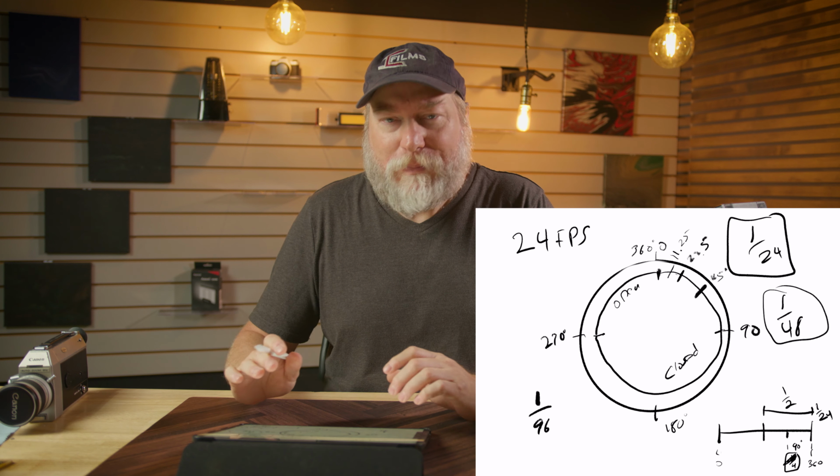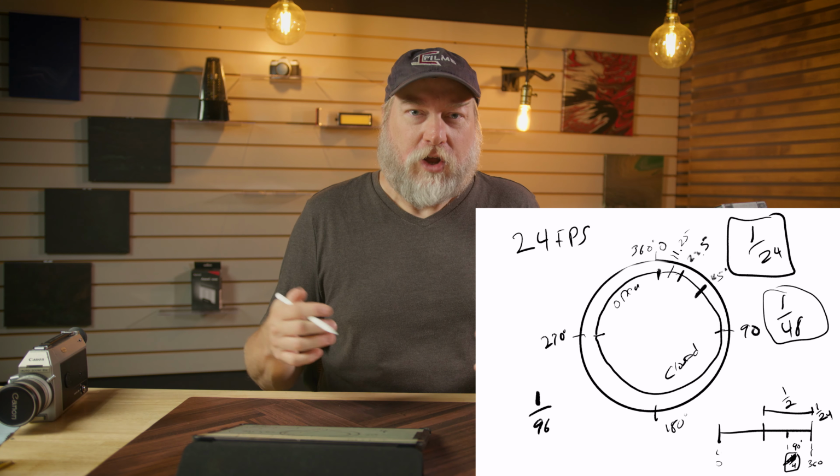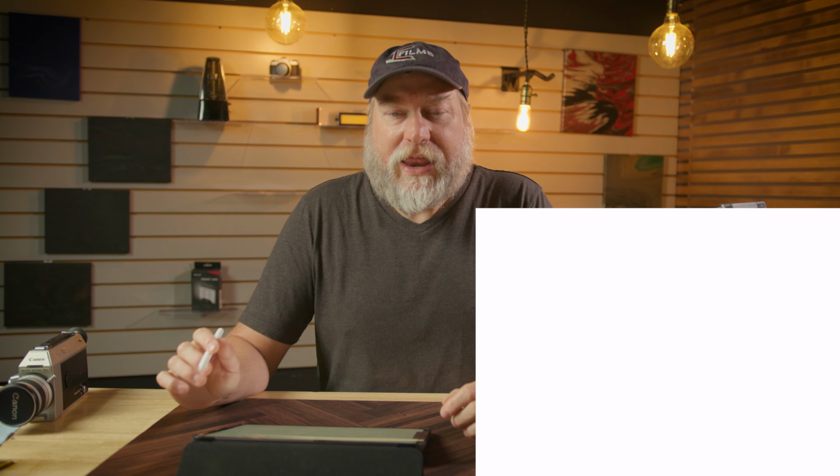So how does this all apply, and how does it make your footage look? Let's demonstrate that. When we're talking about shutter angle and frame rate and shutter speed all relative to each other, we're talking about motion blur. Now, motion blur is when you wiggle your hand real fast.